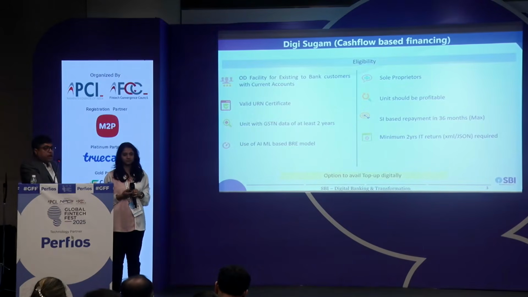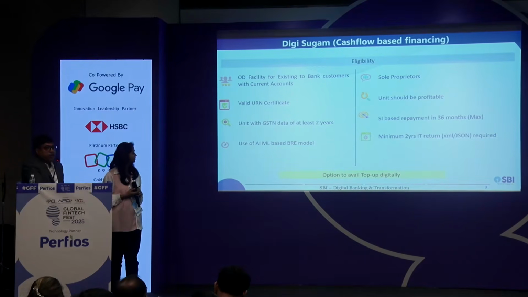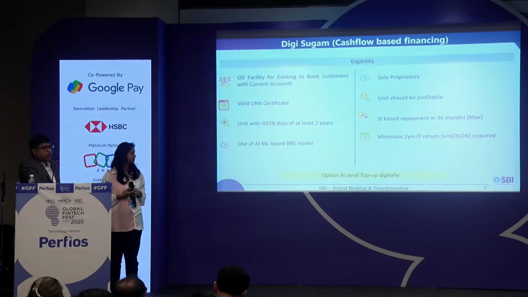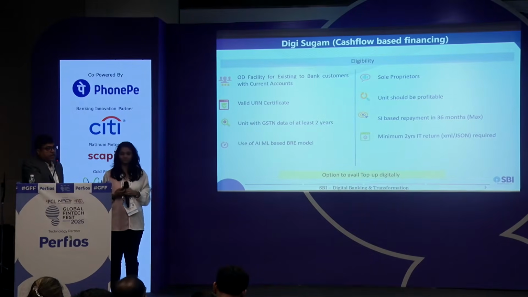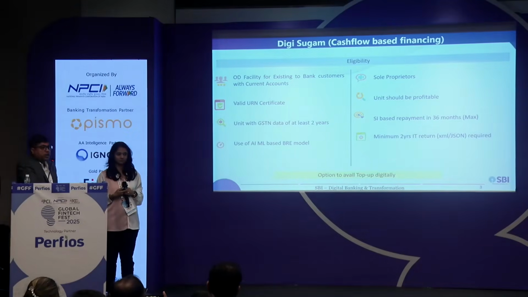Apart from that, for the account statement, the customer can either download it from their existing bank and upload it in our system, or if they are existing SBI customers, they can directly pull the account statement from their YONO Business.